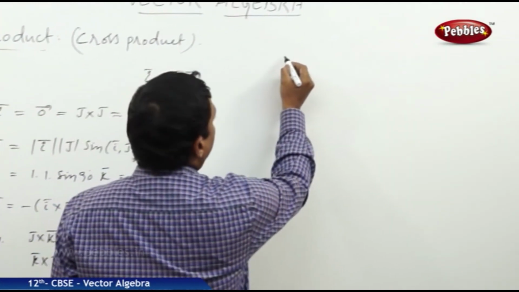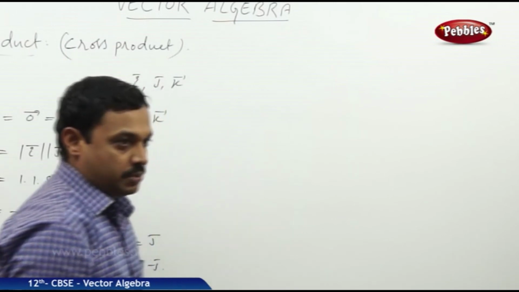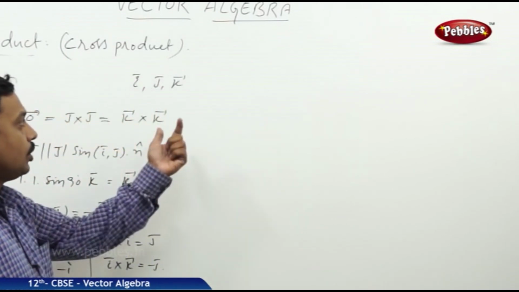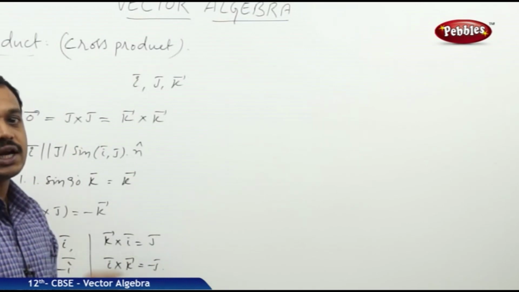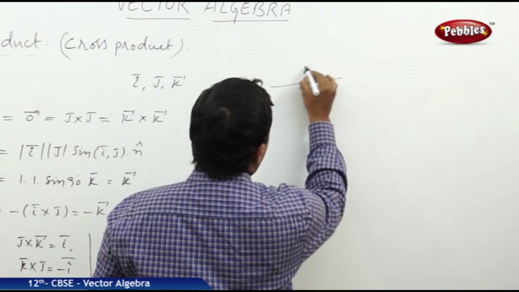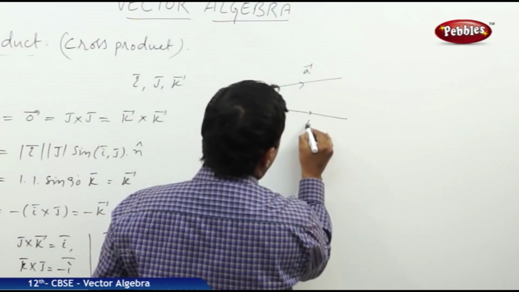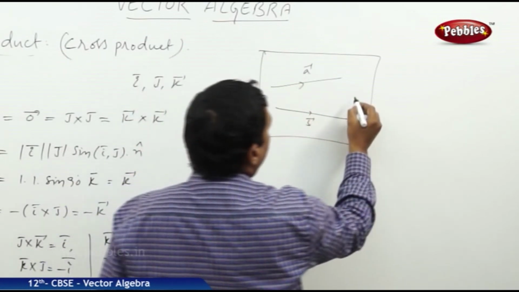We know that a bar, b bar and a cross b. We already know that a cross b is the vector that is perpendicular to the plane containing A and B. A bar is one vector and b bar is another vector; now there is a plane.